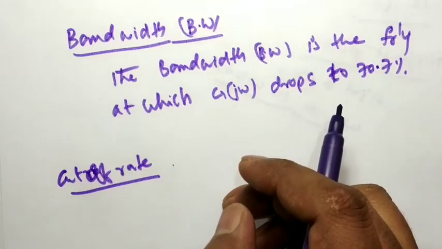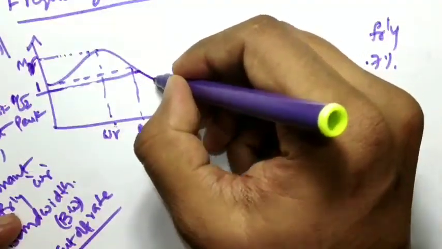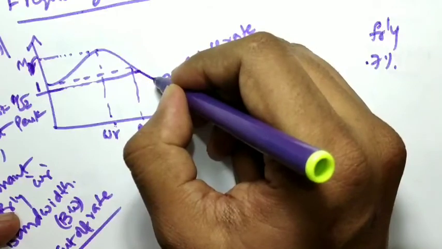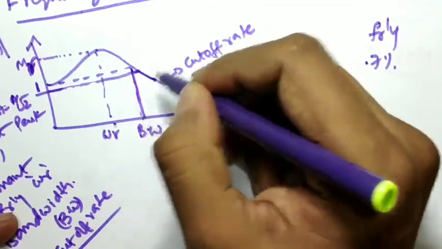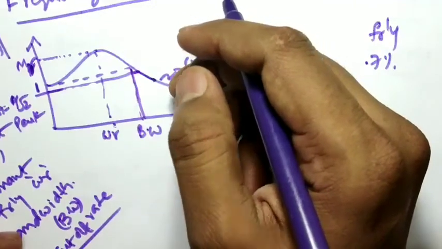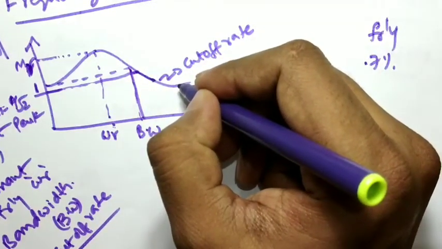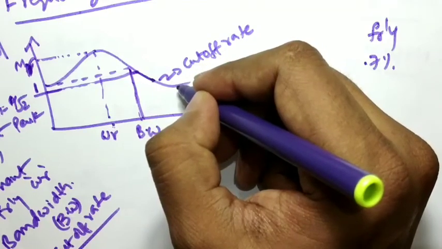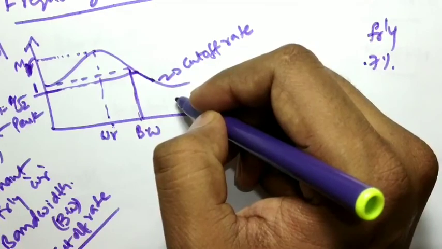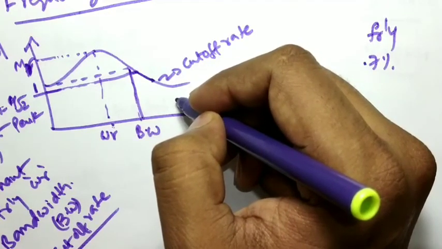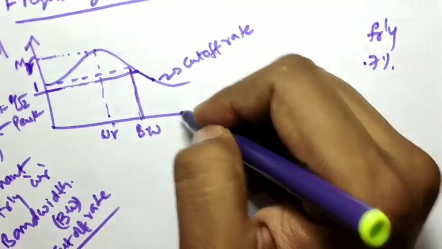It is very necessary, so you have to look at the slope also, right? Sometimes the bandwidth may be the same for different systems, but the slope may be different. So we have to look at the cutoff rates. They may be different, so we have to find it.